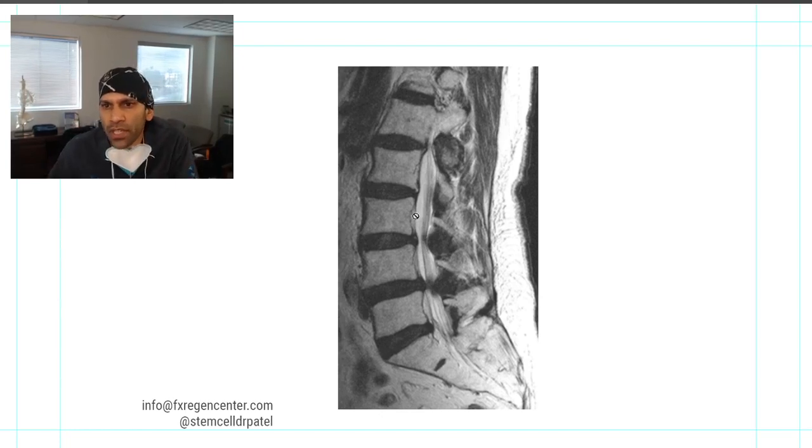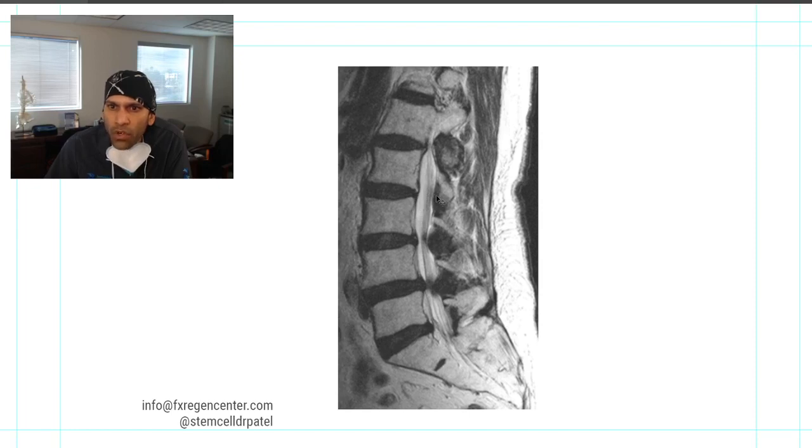But what we do see is this central canal. When we look in this area here, this disc is fairly flat, right? When you look at the back of this disc compared to the back of the coffee mug on either side, that's relatively even with the bone above and below.